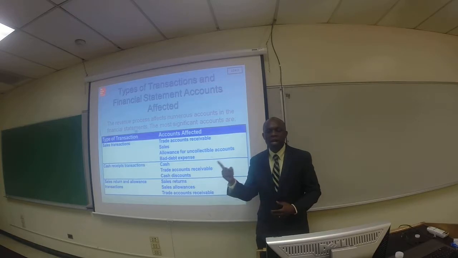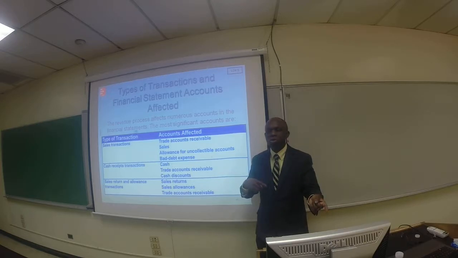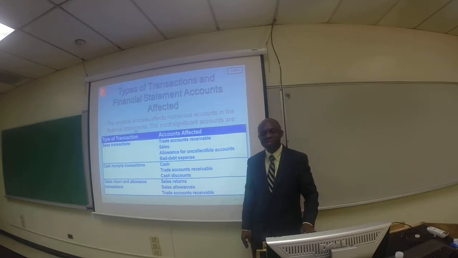Of course, the sales account is also affected. The allowance for uncollectible accounts is also affected. As you know, allowance for uncollectible accounts is a contra account to accounts receivable. And of course, bad debt expense is the provision that we make for X amount of dollars that might not be collected from credit sales.